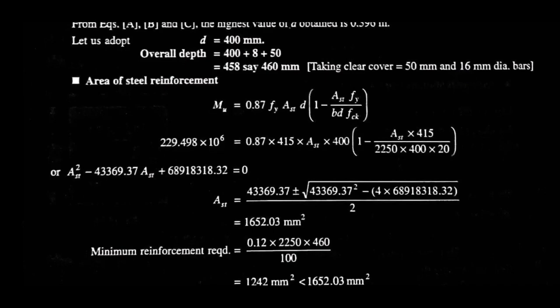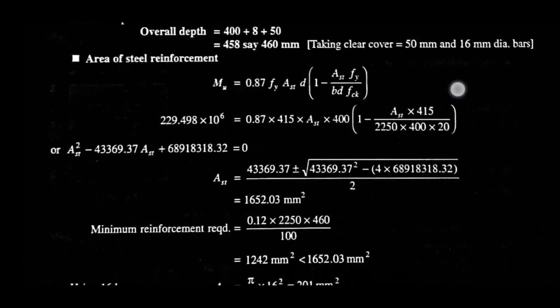So again we have to apply Acharya's formula. So Ast is equal to 43,369.37 plus minus root over of 43,369.37 square minus 4 into 68918,318.32, by 2, that is equal to 1652.03 mm square.